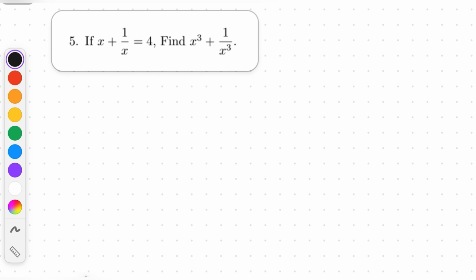Okay. So we're going to start again with the expression we're trying to evaluate, x cubed plus 1 over x cubed. And we know these are two perfect cubes.